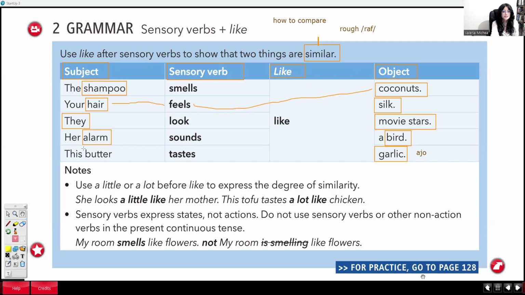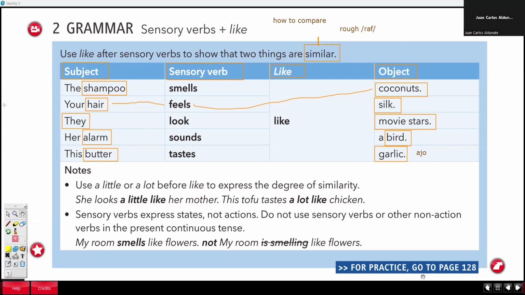Finally, we have this butter tastes like garlic. It makes sense because you have two things that are food, they could have similar ideas involved. Teacher, this last sentence we can use with coconut too.